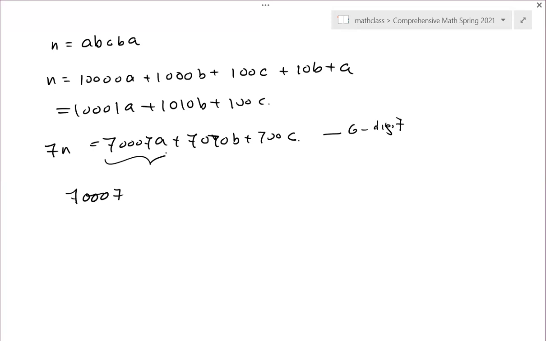If this number is too small, you're not going to get 6-digit, only 5-digit. So you have to try 9, giving 630063, a 6-digit number. And then 8, giving 560056. That's the way to do it.